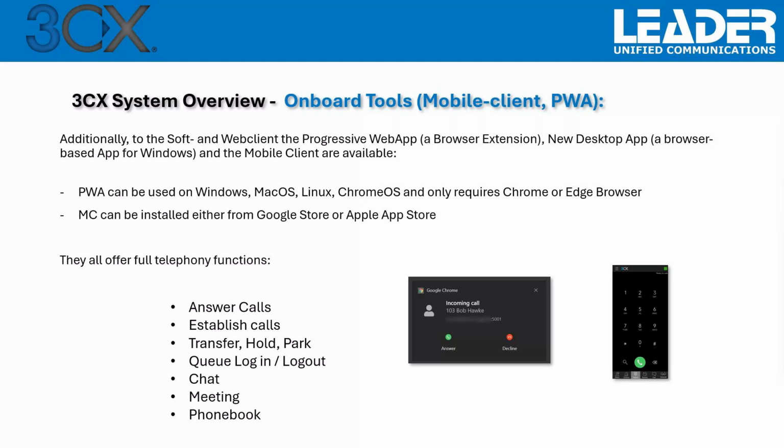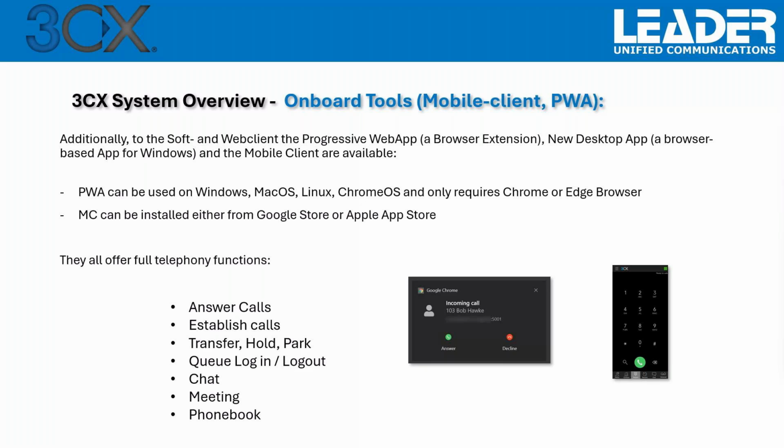The Progressive Web App is a browser extension that we can install that then literally does the same. The Progressive Web App can be used on Windows, Mac OS, Linux, Chrome OS, and only requires a Chrome or Edge browser.